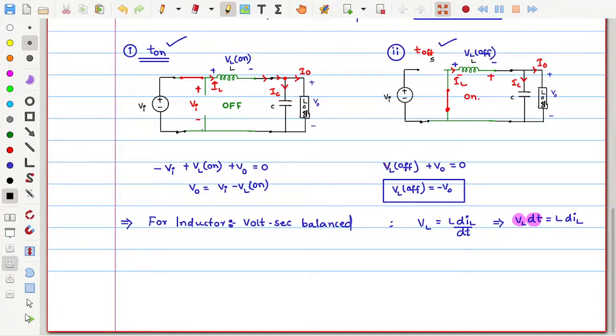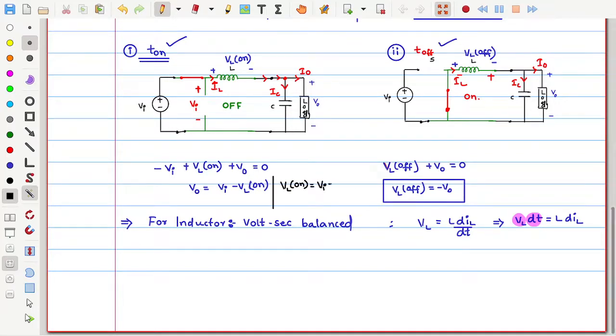Now let us see, during the on time, how much will the output voltage be? Let me write the inductor voltage here also. VL on is equal to, how much is that?